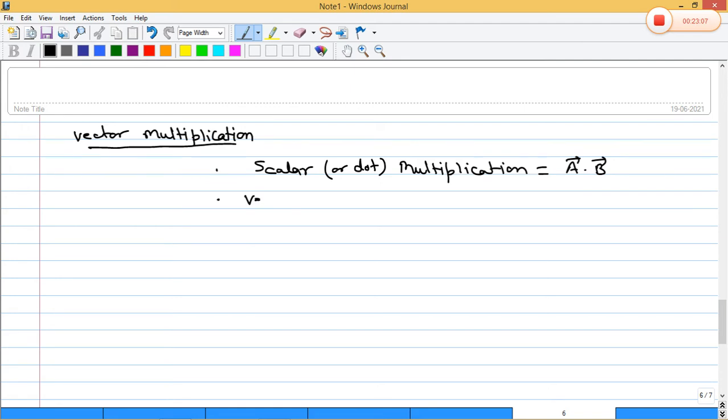Now the second is vector or cross multiplication. How can you represent it?